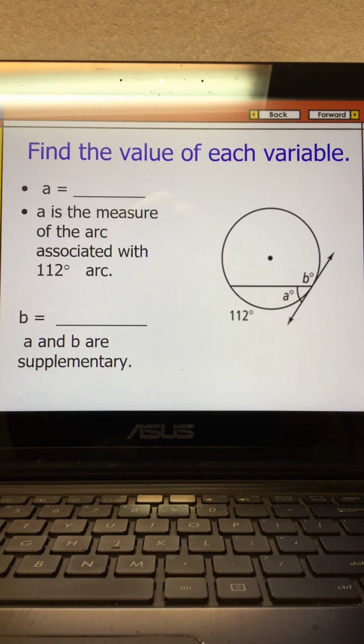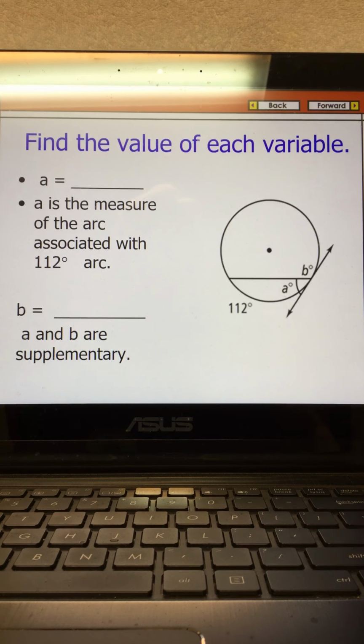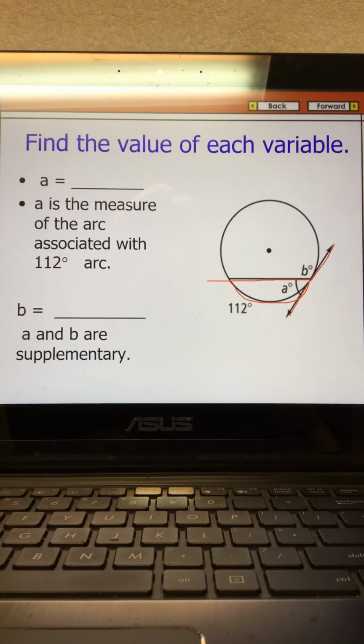Okay, so we have some problems here that we want to look at before we end up the lesson. All right, here's this theorem we just talked about. Here's our tangent. Here's our chord. This arc that loops around the chord is 112 degrees.